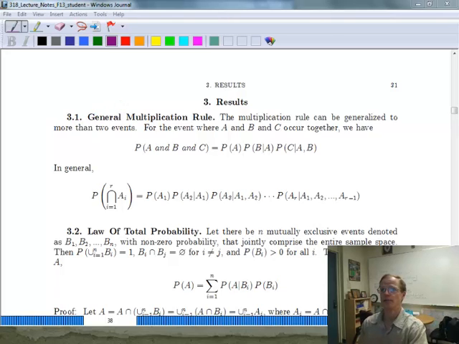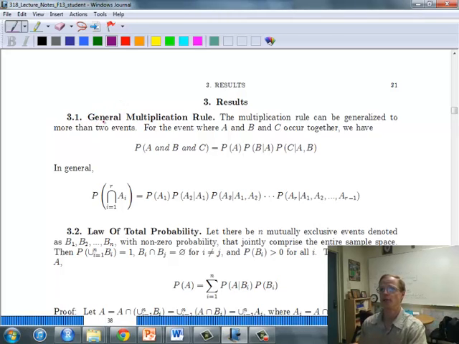First item here is what's called the general multiplication rule, and you'll note in this statement probability of A and B and C. If I just cover the and C, then we have probability of A times probability of B given A. That's our old one.